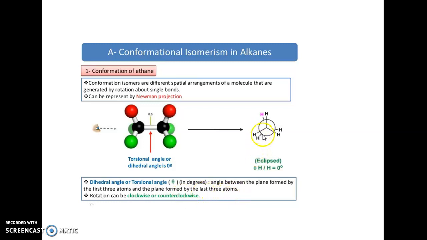This angle is given as theta, also called the dihedral angle, which is 0 degrees in the case of the eclipsed form of ethane. So torsional angle and dihedral angle are one and the same. You can see here the rotation can be either clockwise or counterclockwise.